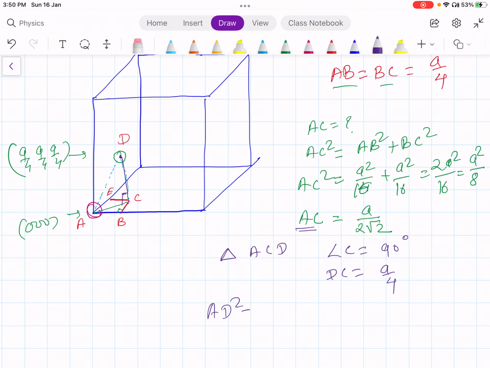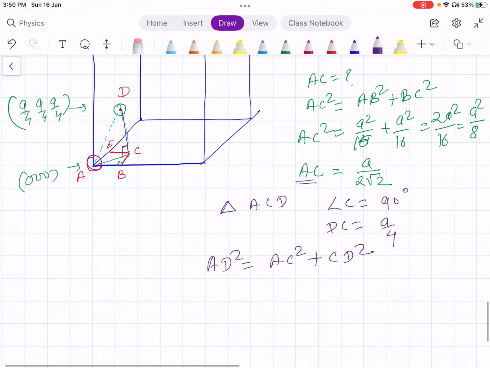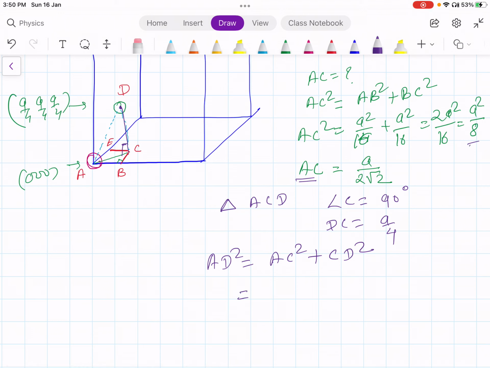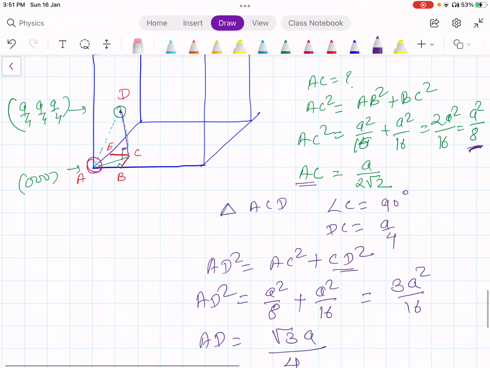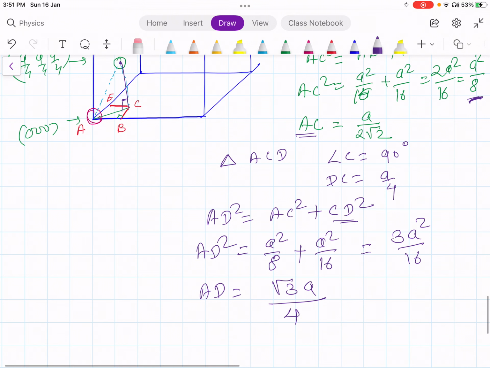So AD square is equal to AC square plus DC square. AC square is a square by 8, plus CD square, CD is a/4, so it is a square by 16, which is equal to 3a square by 16, which is AD square, and so AD is root 3 a upon 4. So the distance between these two basis atoms is root 3 a by 4.